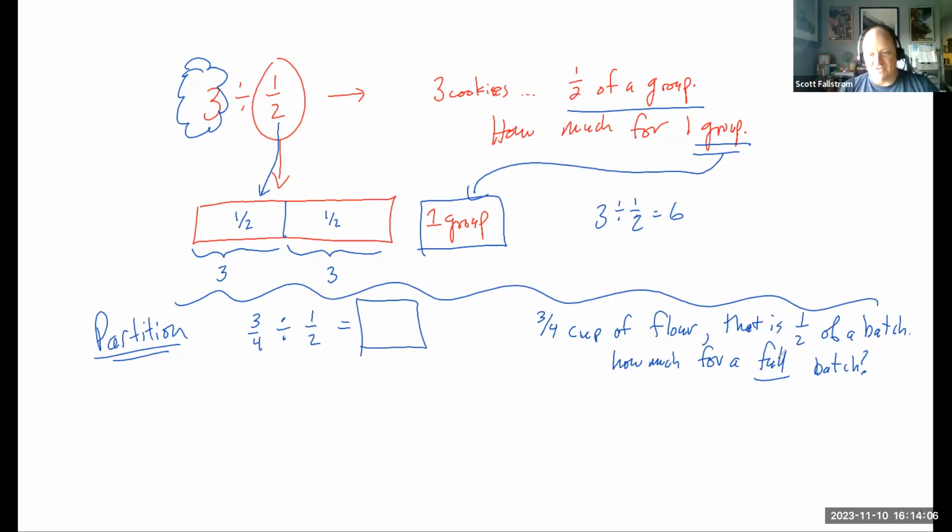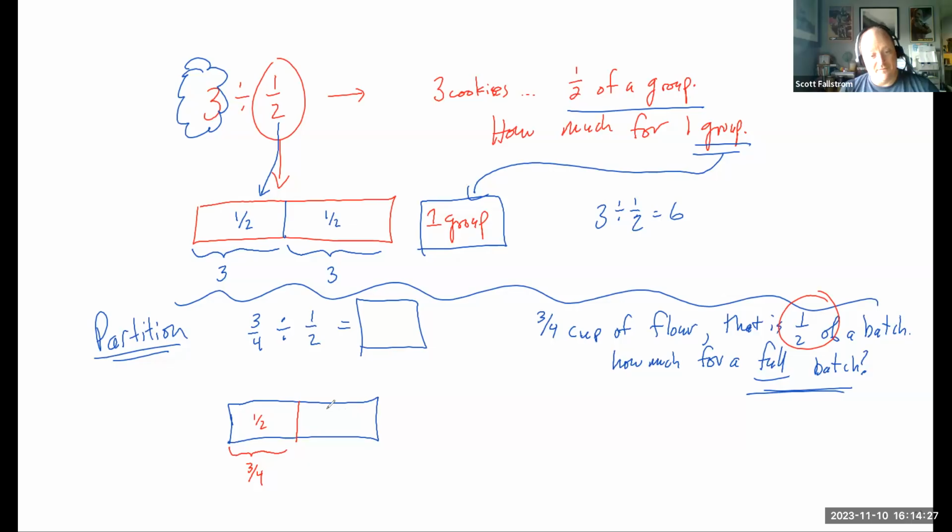So what you would do is, again, think of your answer. I want one full batch. Got it. Do I have a full batch right now? No, I have half of a batch. Okay, well, how much is that half of a batch? That half of a batch would be 3/4 of a cup.